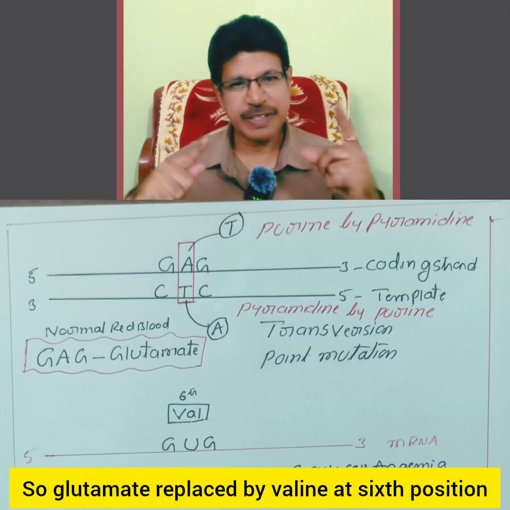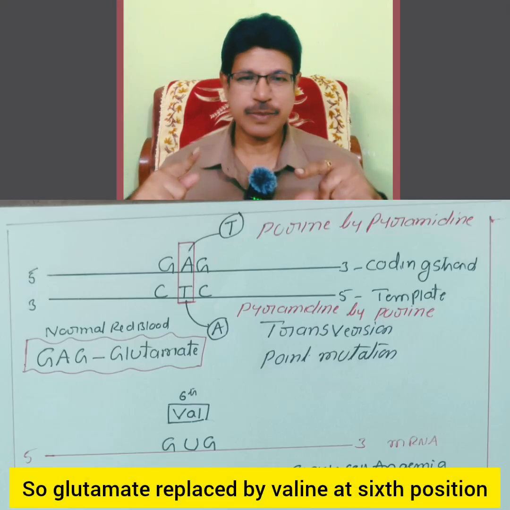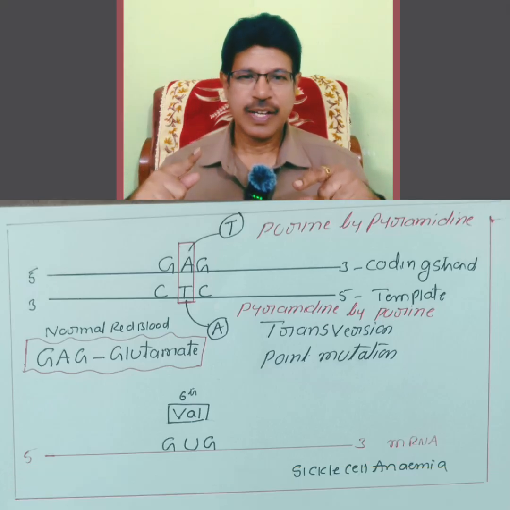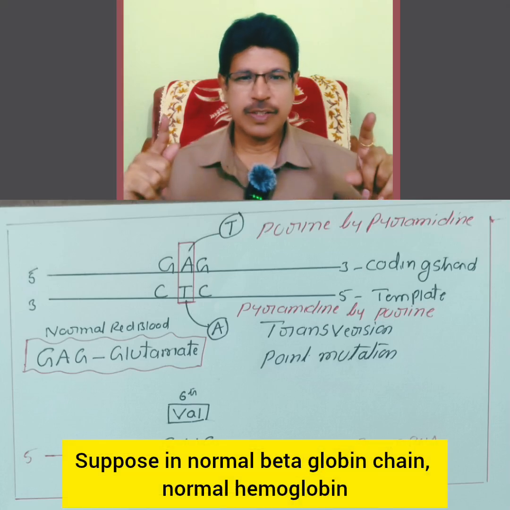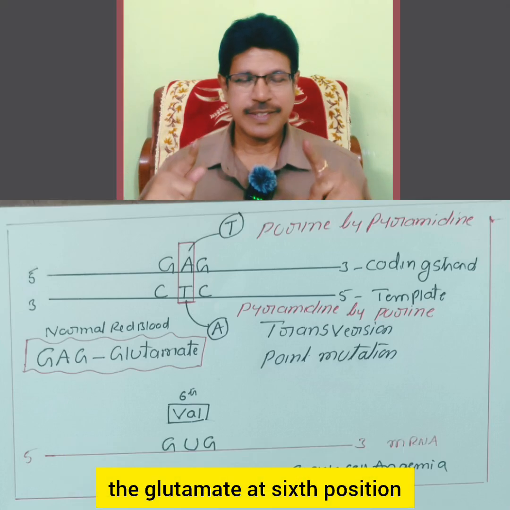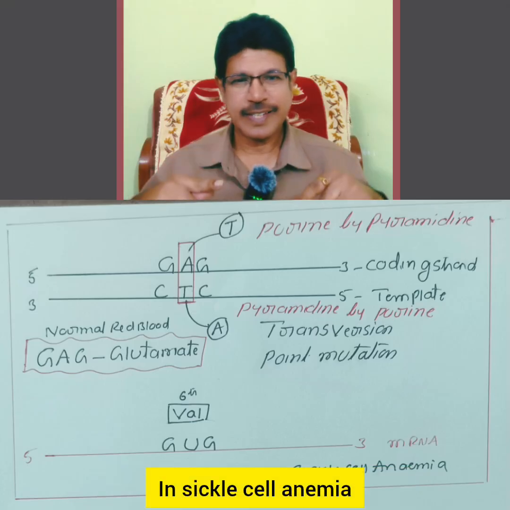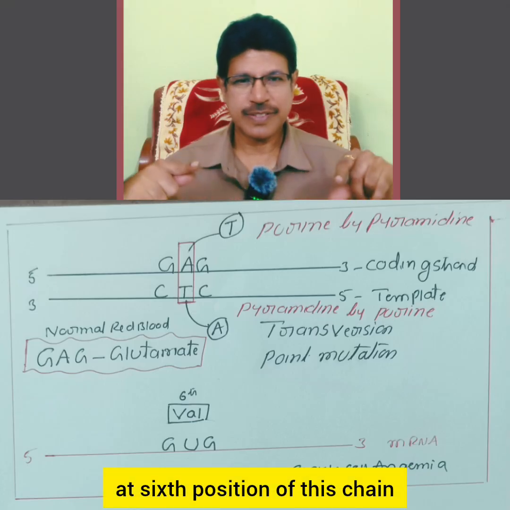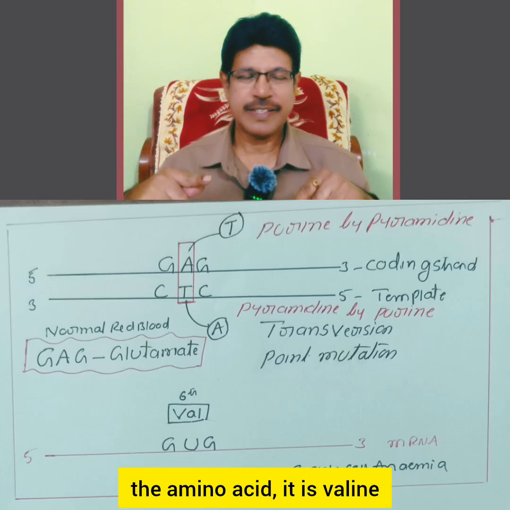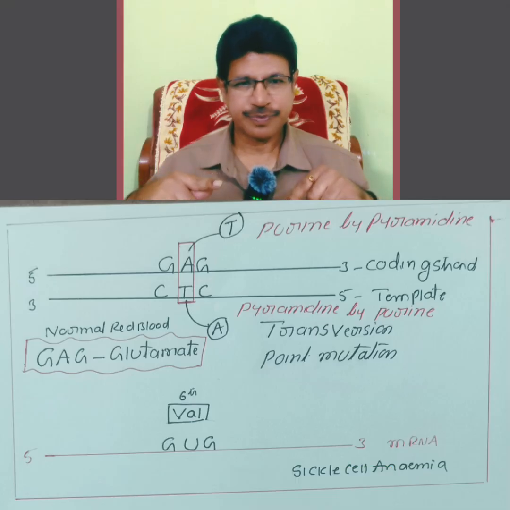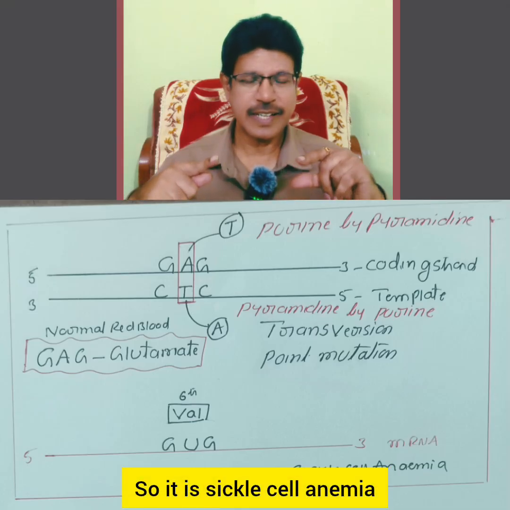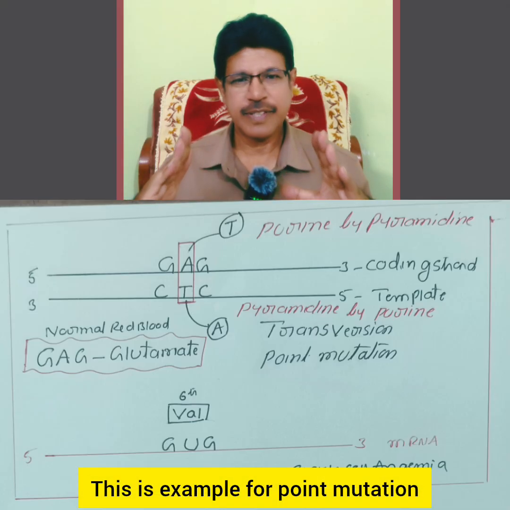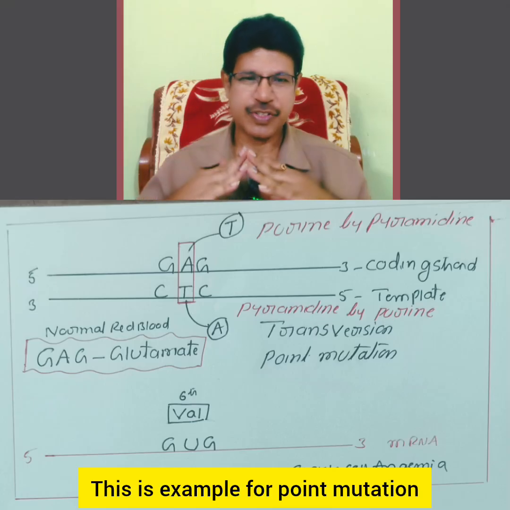So glutamate is replaced by valine at the 6th position. In the normal beta globin chain, normal hemoglobin, there is glutamate at the 6th position. In sickle cell anemia, at the 6th position of this chain, the amino acid is valine. So it is sickle cell anemia, the example for point mutation.